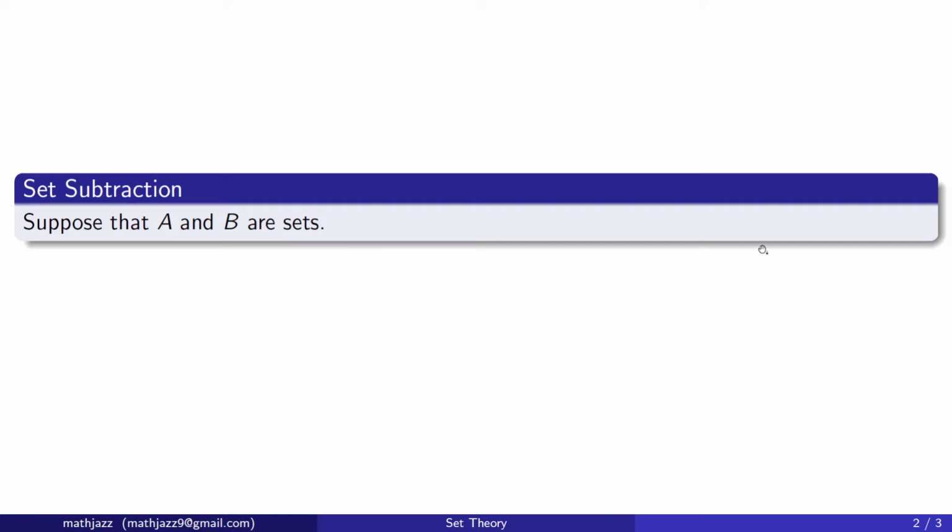Okay. So now we talk about set subtraction. So set unioning is kind of like set addition almost.